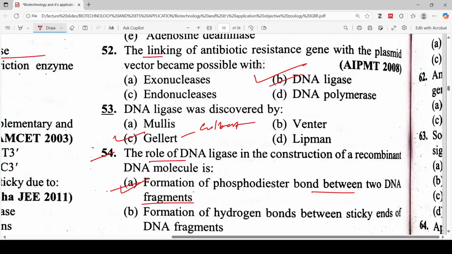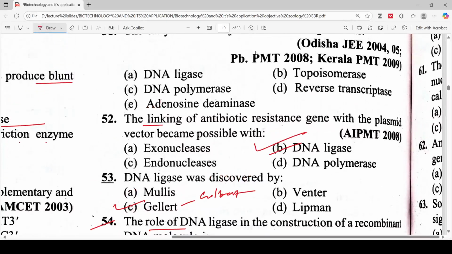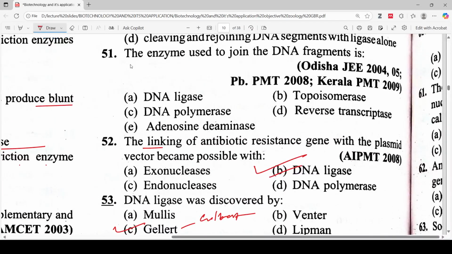I did not read all the options from this. The enzyme used to join the DNA fragments, again the answer will be DNA ligase. Various types of questions have been asked on DNA ligase in different exams.